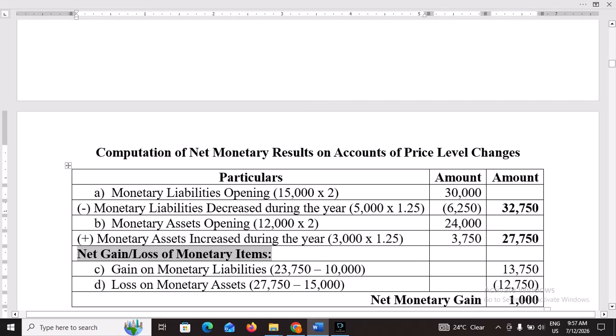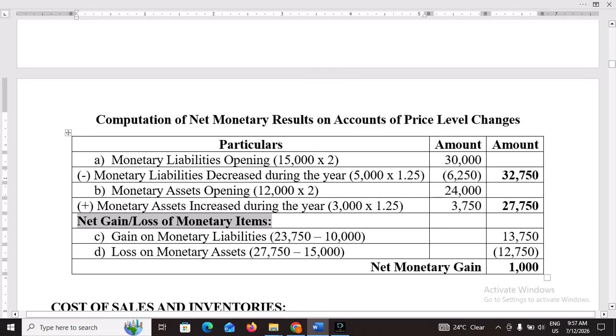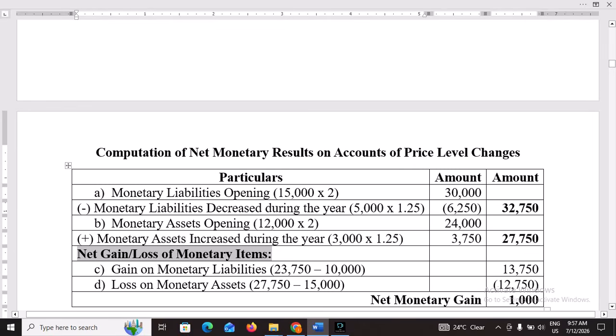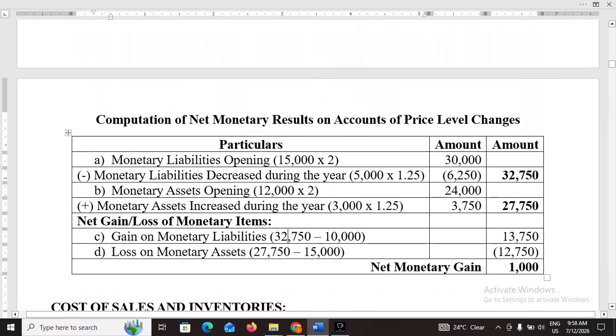of monetary items. First, liabilities is 32,750. Sorry, my mistake.